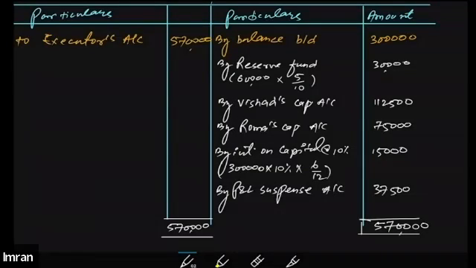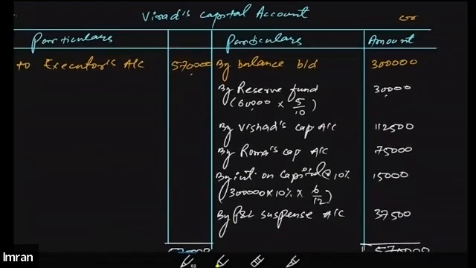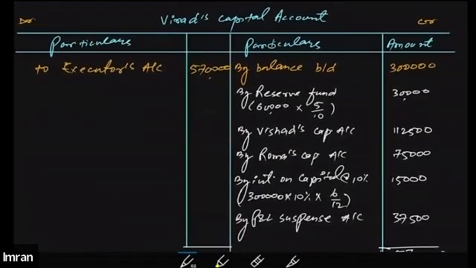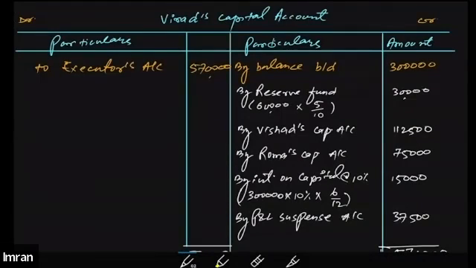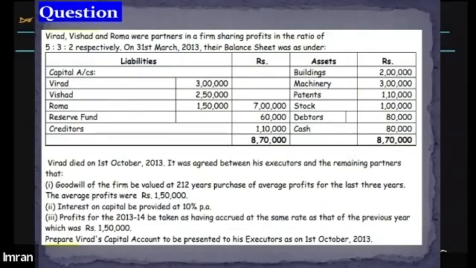Since Virat died, we need to pay 5,70,000 that belongs to Virat to his executor. Is that clear, everybody? Yes, sir. So this was about the death of a partner, wherein we were required to prepare a capital account.